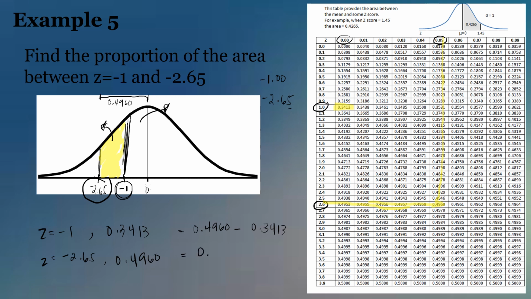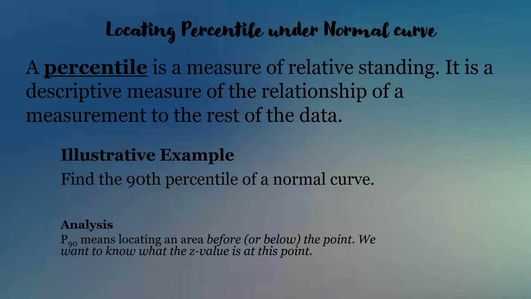That is equal to 0.1547 or 15.47%. Okay, so yung area ngayon ng between -1 to -2.65, that is equal to 0.1547 or 15.47%. Yung shaded part dito sa ating normal distribution ay equal kay 15.47%.